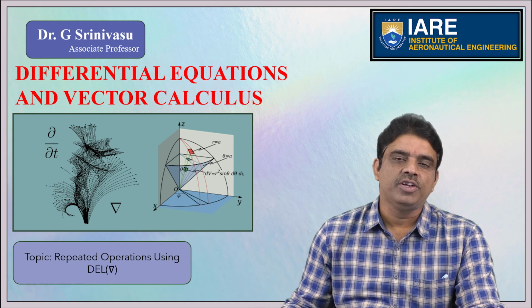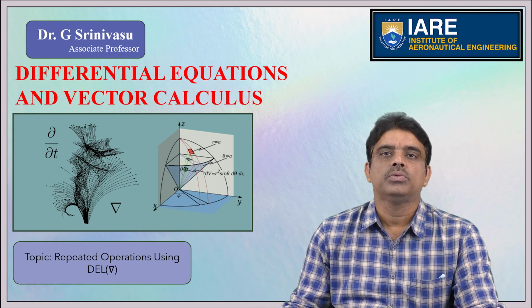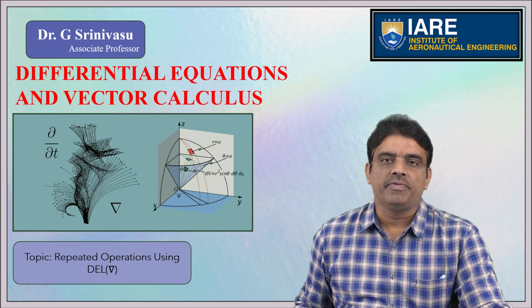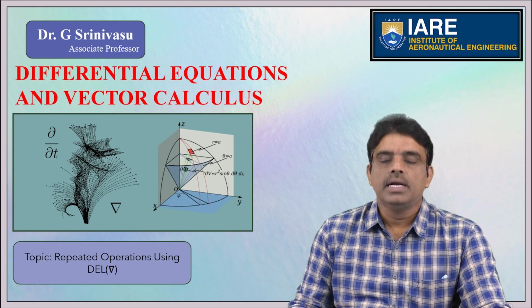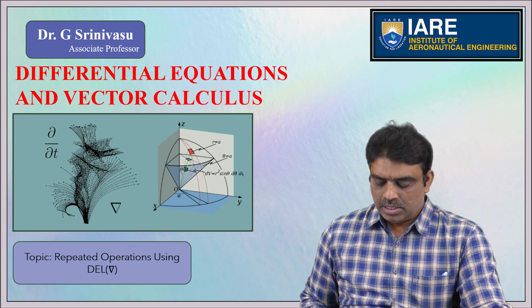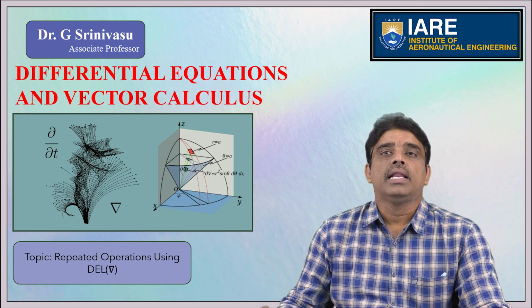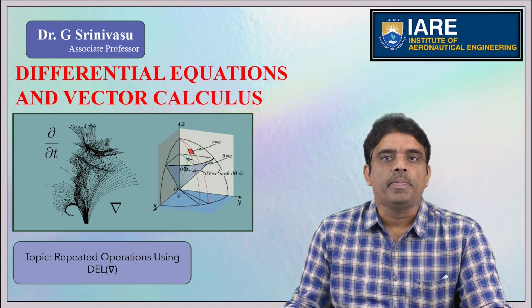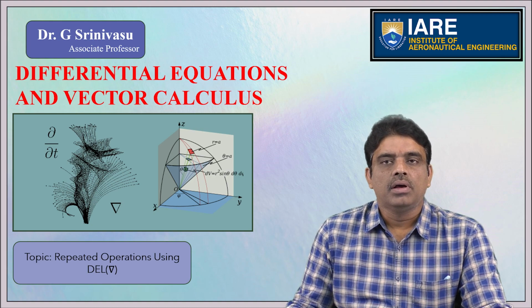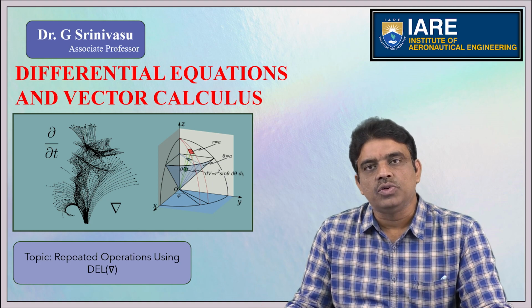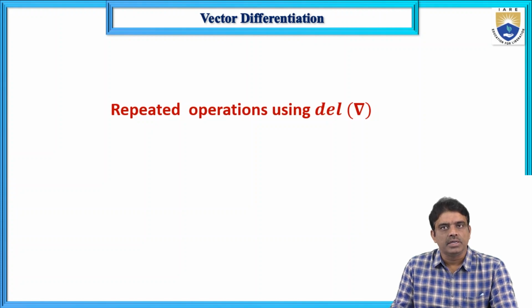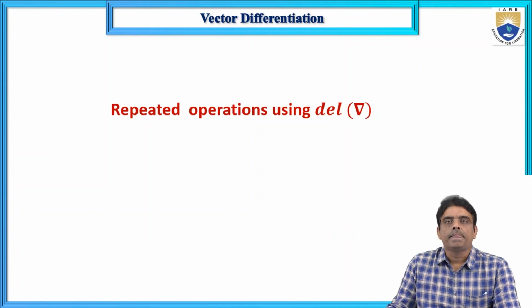In the present video, I would like to share my concept on vector differentiation, and especially today's topic is repeated operations using the operator del. Already we have seen in the previous videos what the gradient is and what its applications are, and we have done some problems.